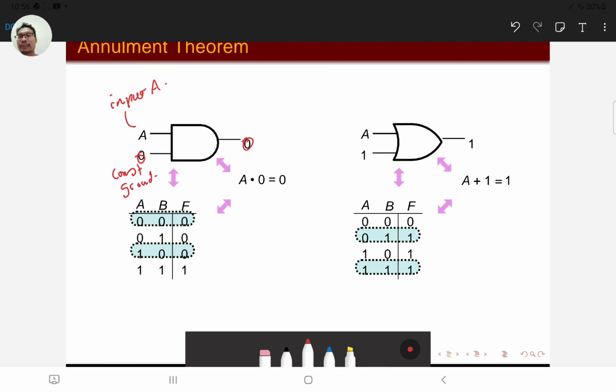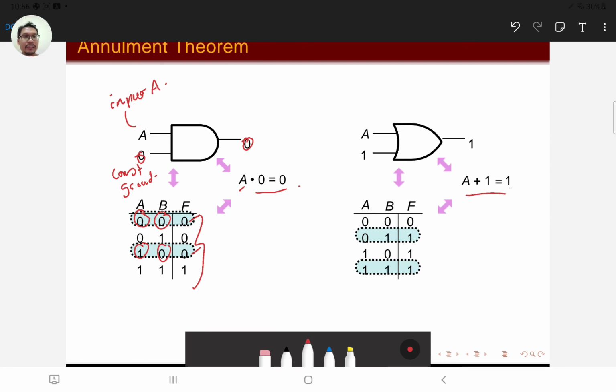So you don't need to look at A. We know that regardless of the value of A, if you AND it with 0, we are obviously going to get 0 by looking at the truth table of the NAND gate here. You can see that B here is fixed at 0, and automatically your F will be 0.